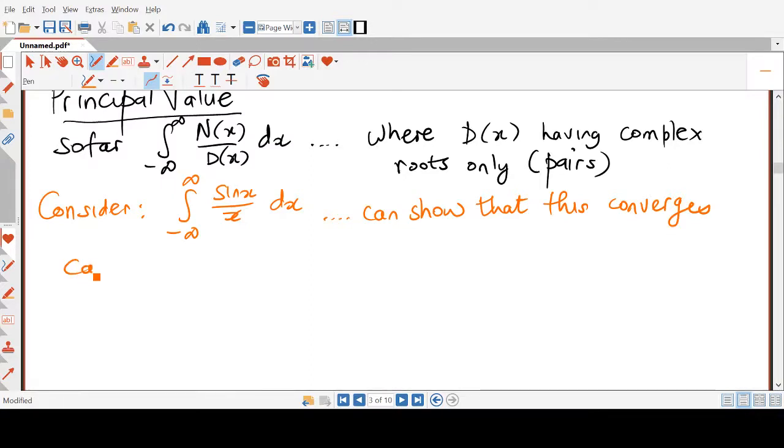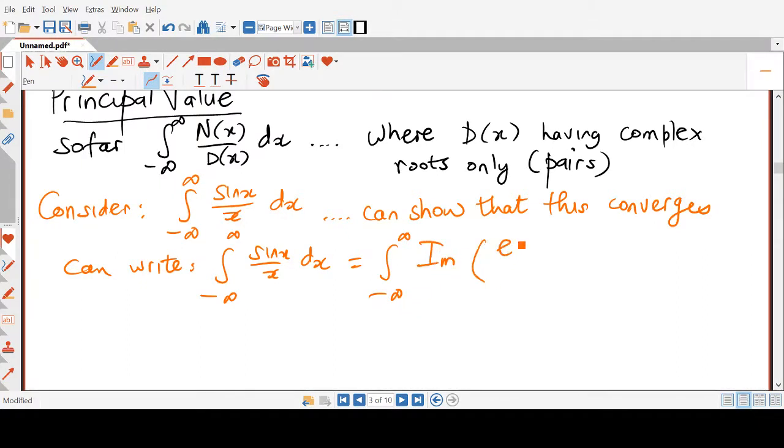And we can even write it as the integral from minus infinity to infinity of the imaginary part of e to the ix over x, because we know that sine is the imaginary part of e to the ix.